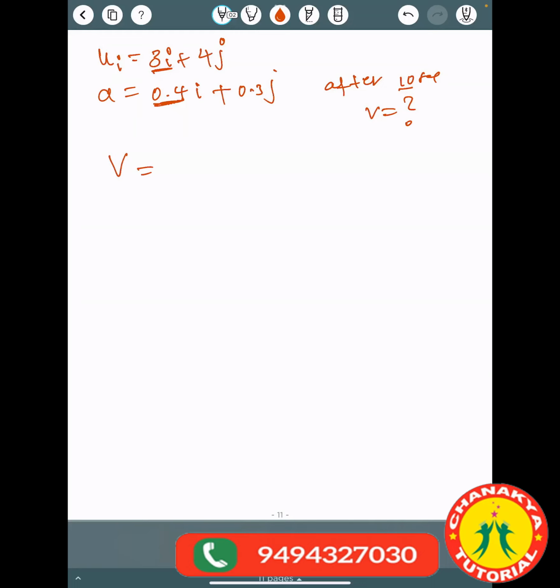The total finally it will be 7, correct? 7i. And in the y direction, it will also be 7. Very good, 7j. So this will be your answer. They are asking speed, so you take magnitude, 7 root 2, under root 7 square plus 7 square.